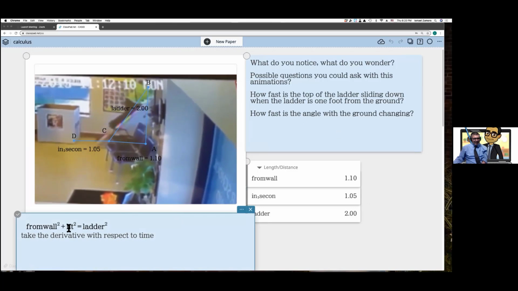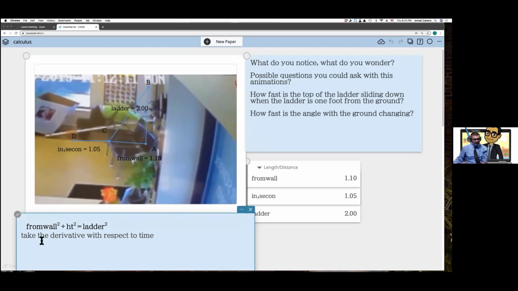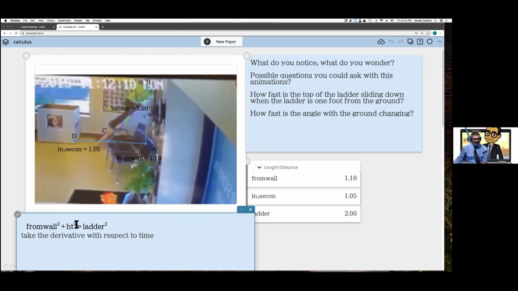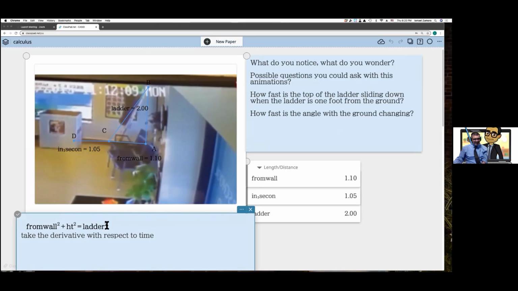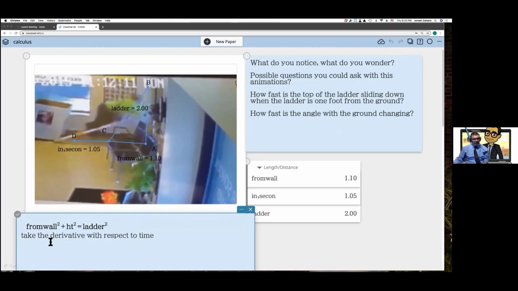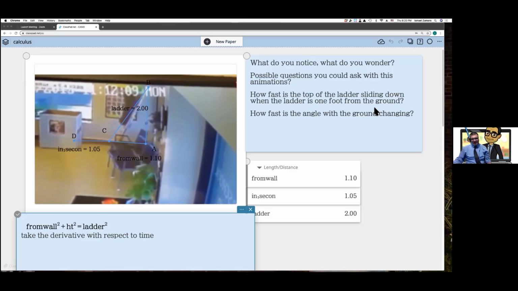So I know from the geometry here that it's a right angled wall. So the distance from the wall squared, plus the height up the wall squared equals the ladder squared. So we want to find out the rate at which the top of the ladder is falling.